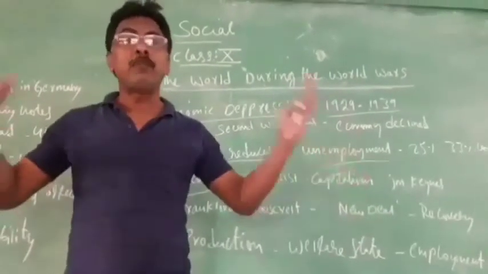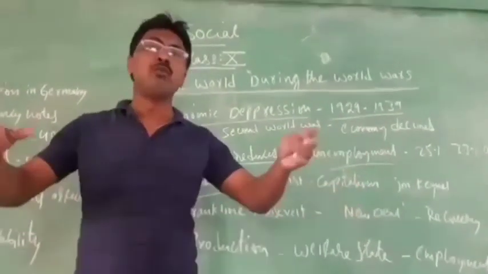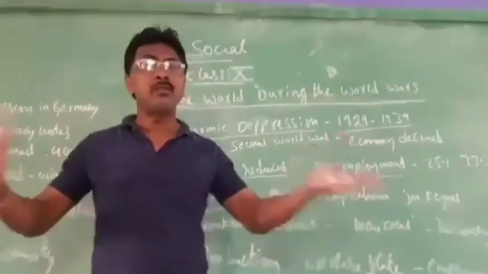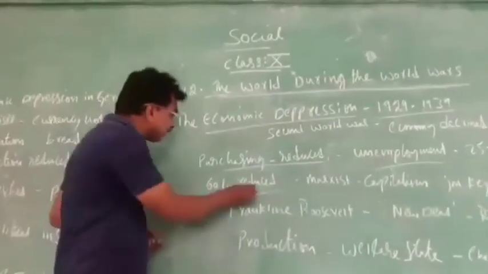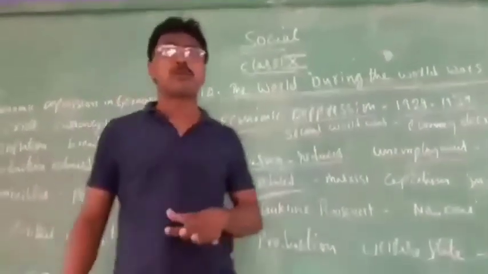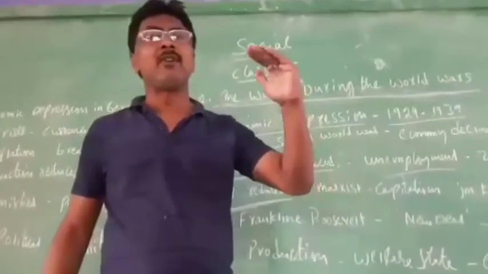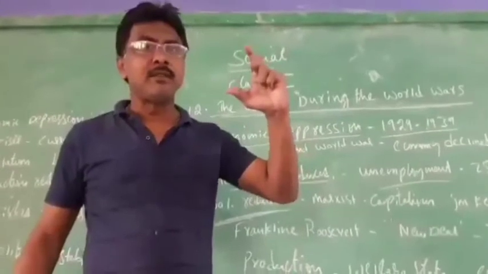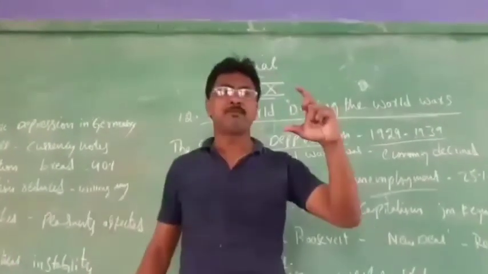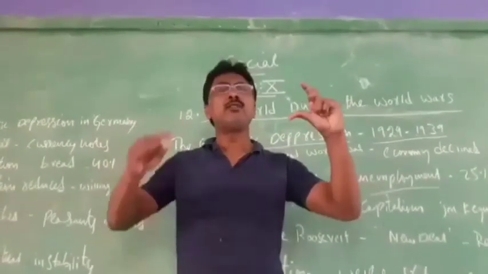And the shop owners, what they did, the goods are not sold. So at least we should sell these goods. So what they did, they gave a discount on the goods, 60%. They reduced the prices by 60%. Now 100 rupees is the price per item, and they reduced it to 40 rupees.